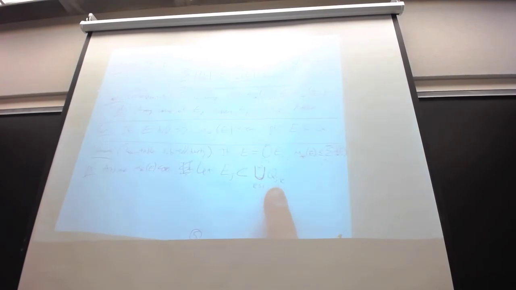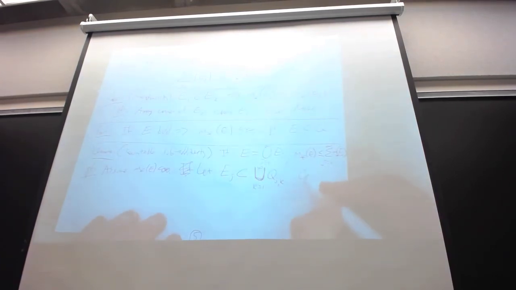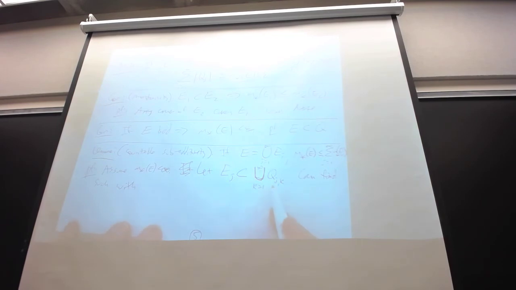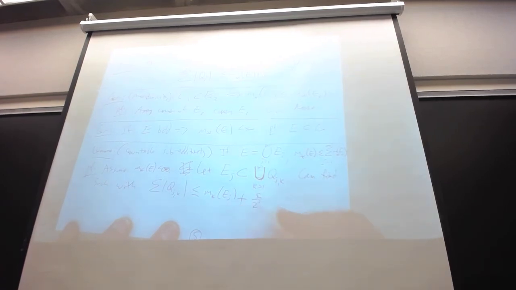And here's where I want to use this note. I can find such a cover with the sum of the Q_{j,k} being at worst the measure of E_j plus epsilon over 2 to the k, 2 to the j.